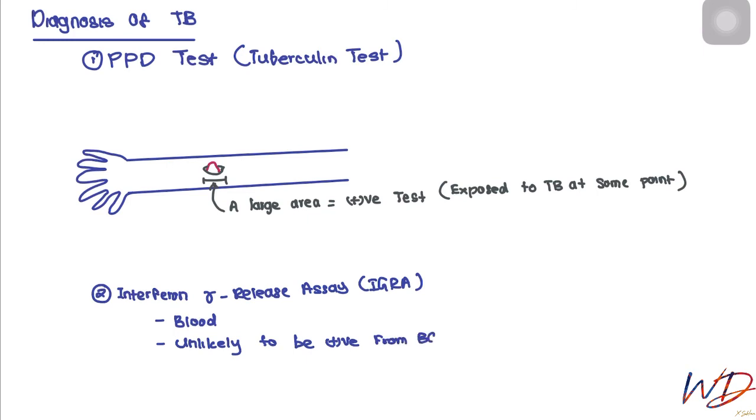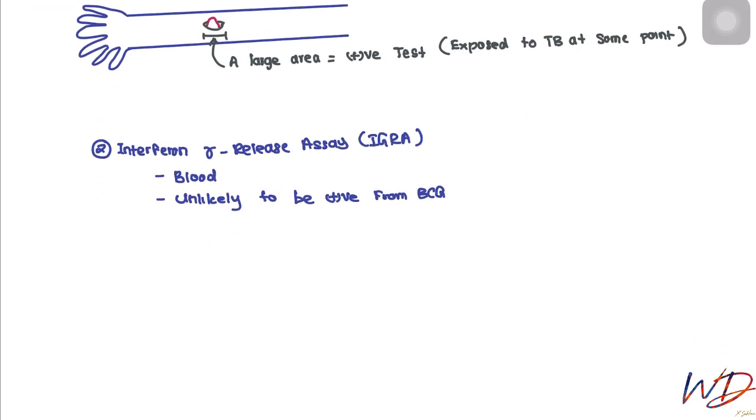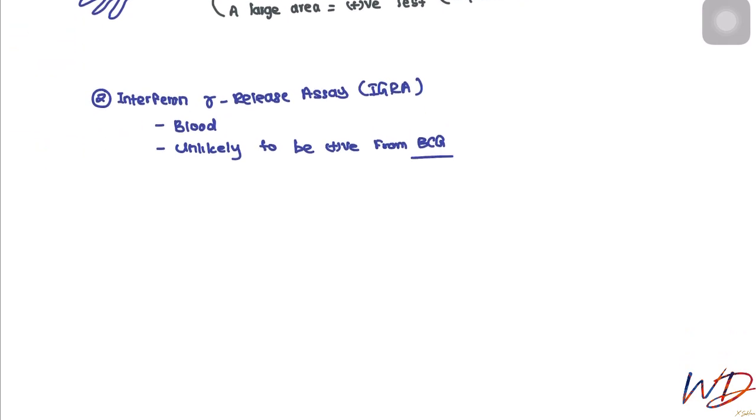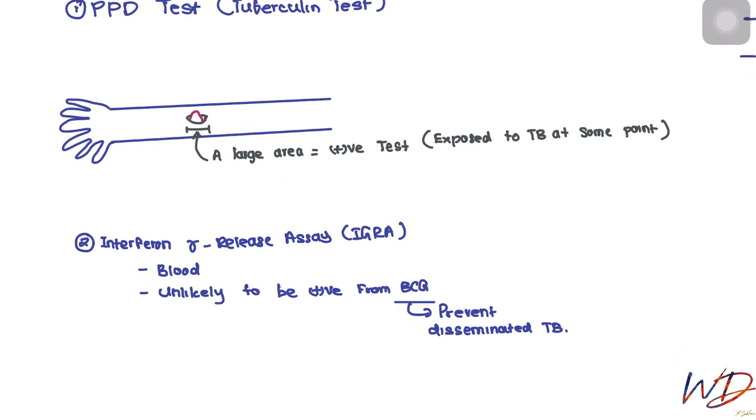Now the BCG vaccine is a vaccine given to children, and what it does is it prevents disseminated TB. That is the main function of this.